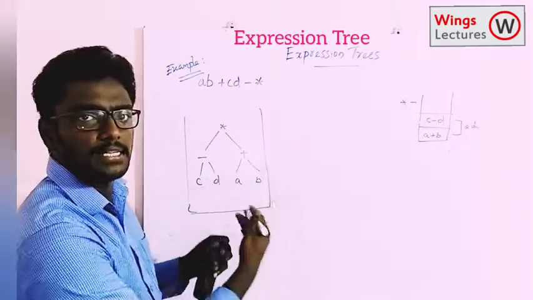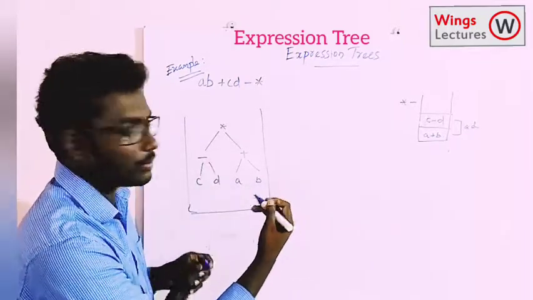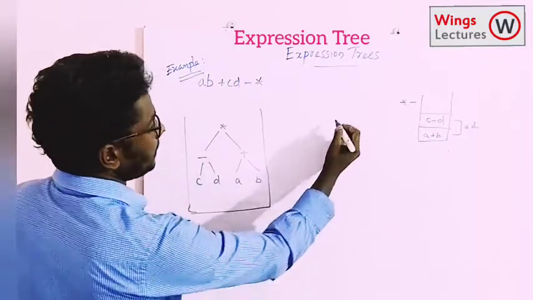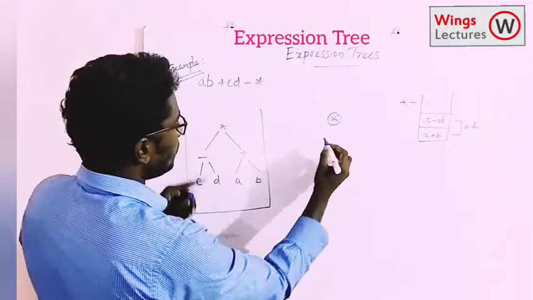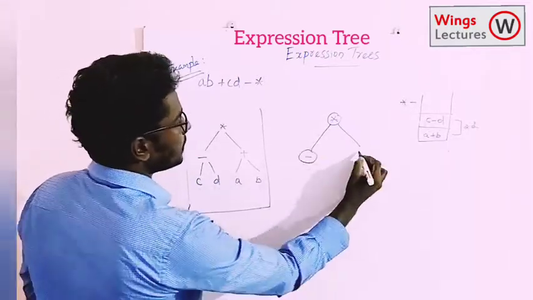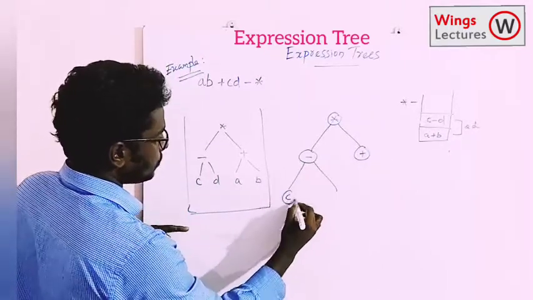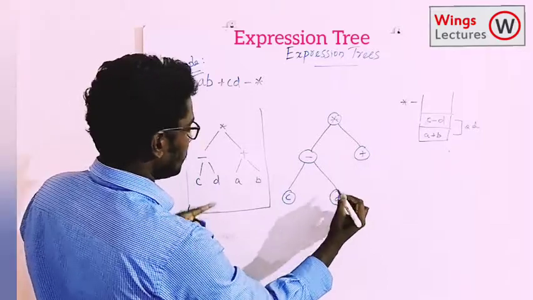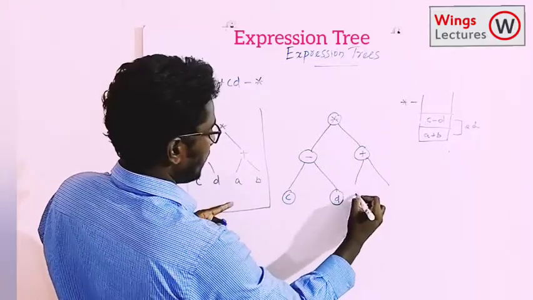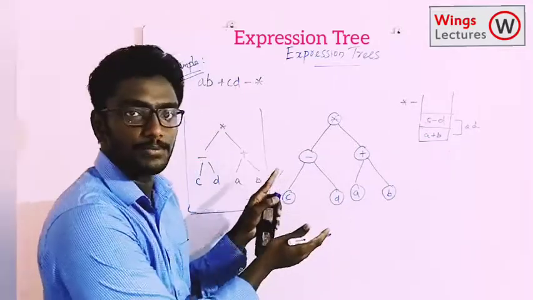From this we can easily make the expression tree by using any of the traversal methods. So the final expression is going to be: star is going to be the root node, and minus, plus, and C is going to be a leaf node, D is also going to be a leaf node, and then A, B. So that's our final expression tree.